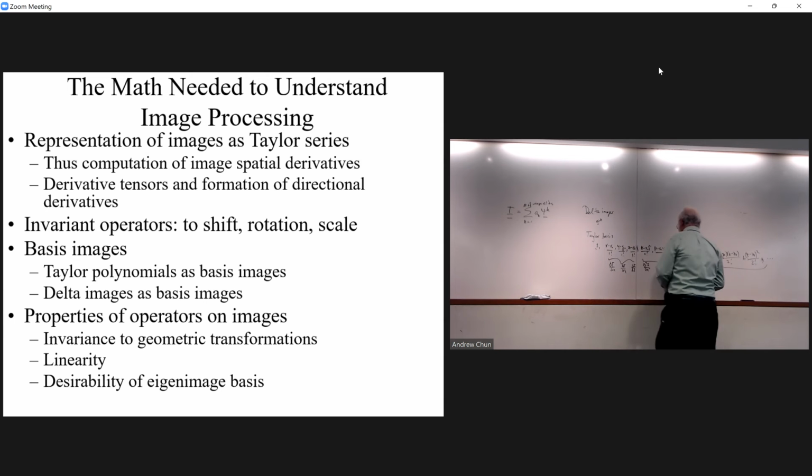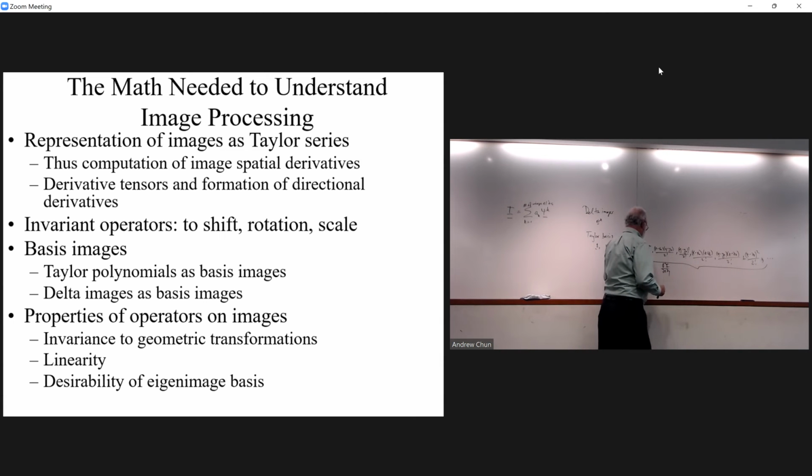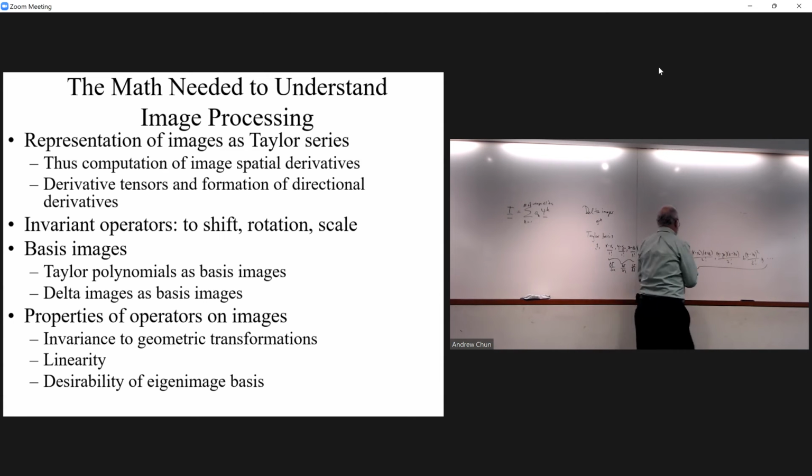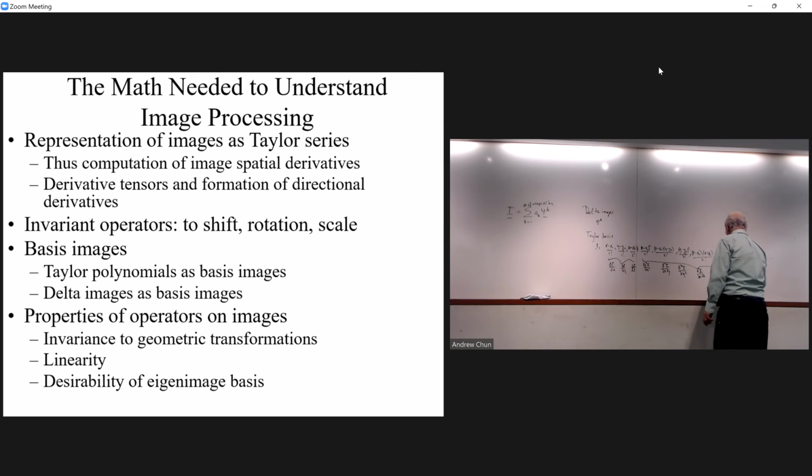So here we are, d2I by dy squared here, and d2I by dx by dz here, and d2I by dy by dz here, and d2I by dz squared.